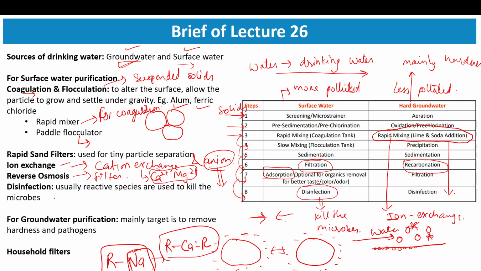For that, you can use chlorination or ozonation, where reactive species are formed, which efficiently kill the microbes. The mechanism mainly is that if there is a bacteria, the DNA of that bacteria will be ruptured, and so further growth will not be possible. Such a killing mechanism is observed by forming reactive species.